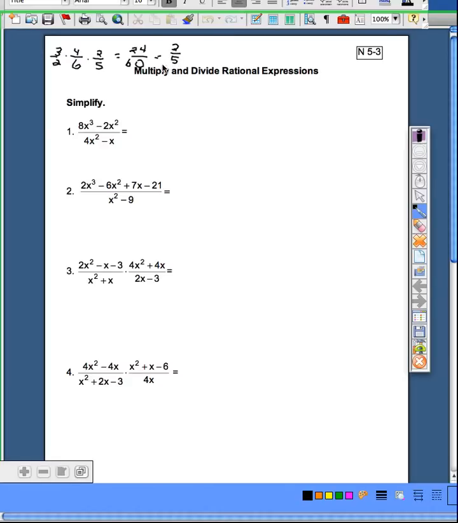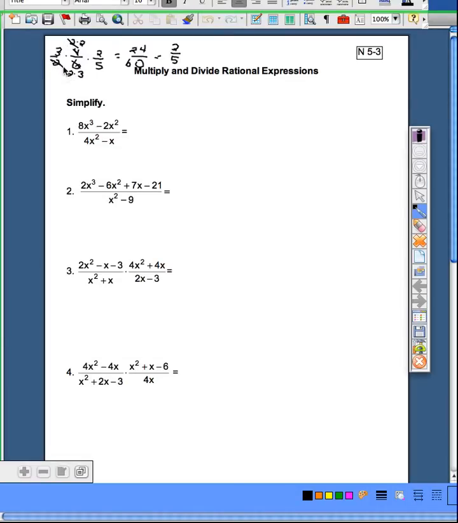Or you can cancel out, before you ever do that multiplication, anything that's alike in the top and the bottom. Let's remember that 6 is the same as 2 times 3, and 4 is the same as 2 times 2. So we get things down to their factors, and then we can cancel. Anything over itself is 1.